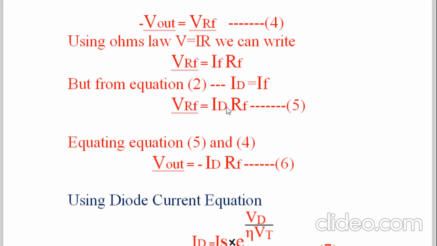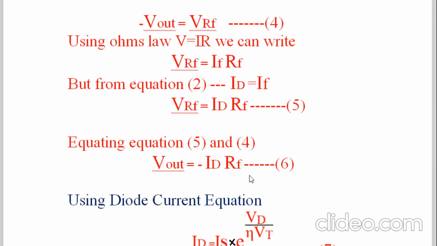Therefore, VRF is equal to ID into RF. Equation number 4 and 5 are representing the same value of voltage across the feedback resistor. One is represented by potential difference logic and another by Ohm's law. Therefore, when they are saying the same thing, we can equate the equations, and after equating you will get Vout equal to minus ID into RF.